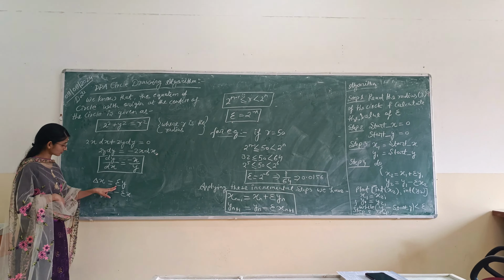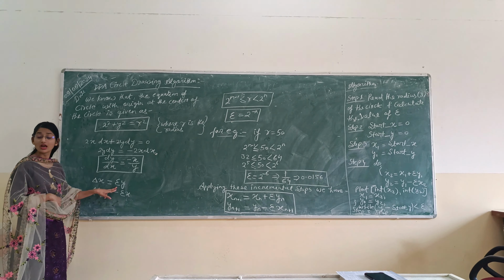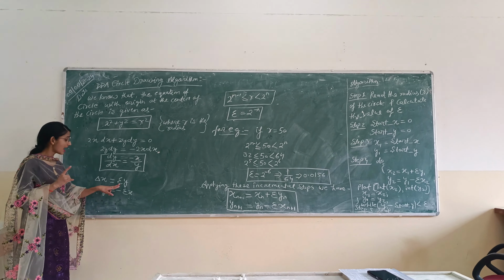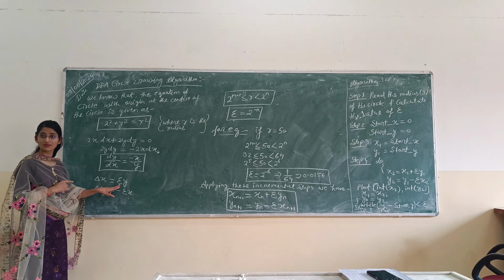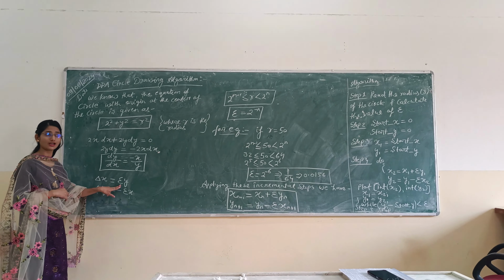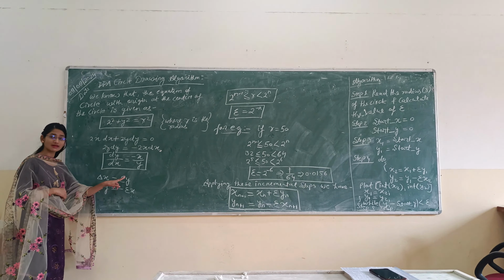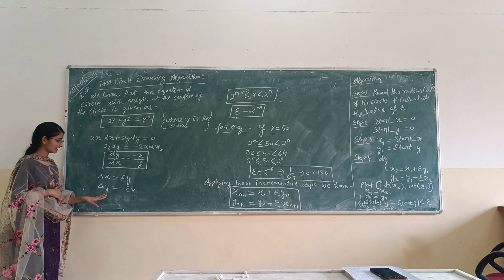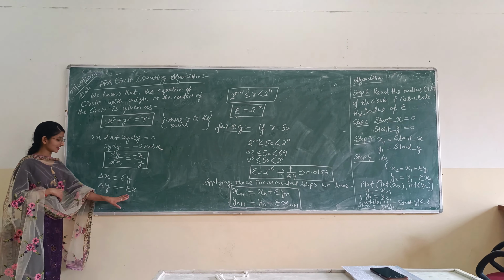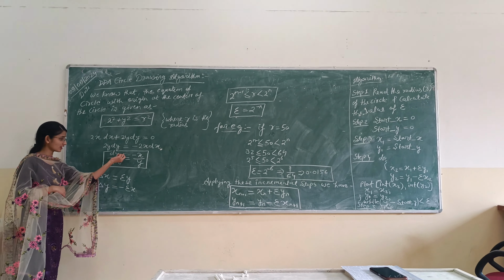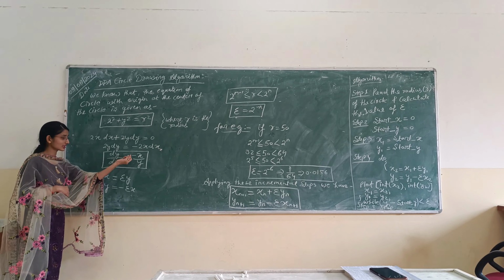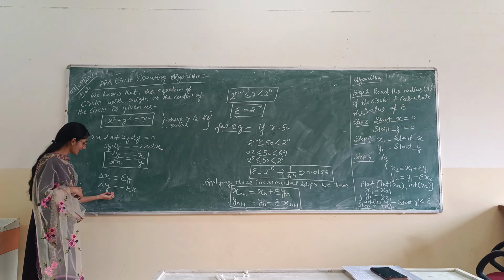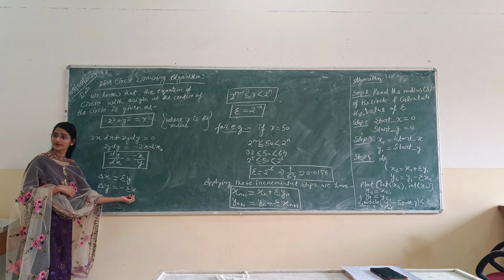Just because we have to find the incremental value, we have to consider an incremental symbol, epsilon. So delta x will be epsilon y and delta y will be minus epsilon x, just because here dy upon dx is equal to the negative value of x. So delta y equals minus epsilon x.